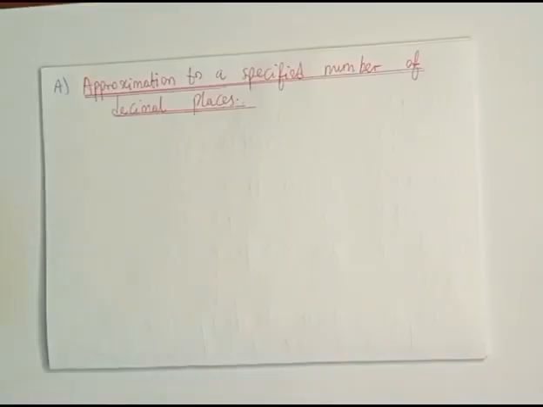When we talk of decimal places, we are simply referring to the digits that come after the decimal point in a decimal number. You can watch our videos on decimals. You will learn so much on decimal places.